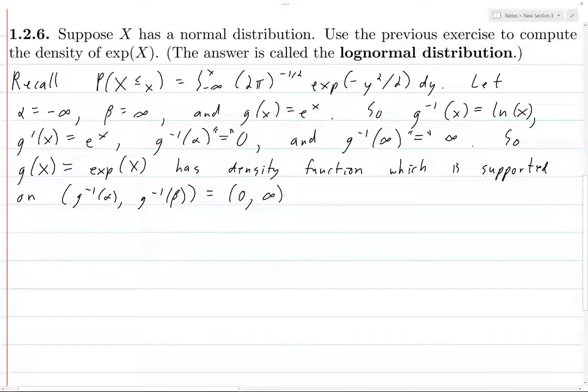So this is why I'm not making a huge fuss about g inverse alpha and g inverse beta. They're only used here to define the support of the density function, and the support of the density function doesn't have to be a bounded interval.